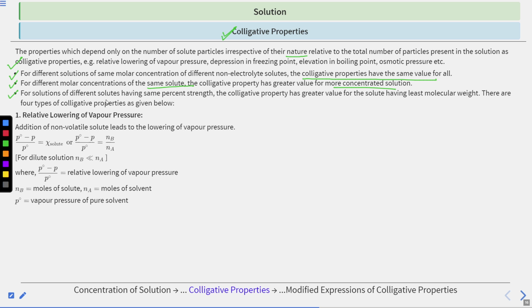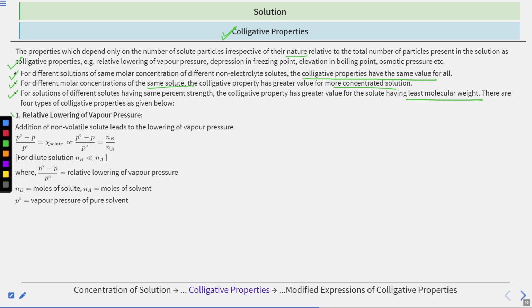For solutions of different solutes having the same percent strength, the colligative property has a higher value for the solute having the least molecular weight. There are four types of colligative properties as given below.